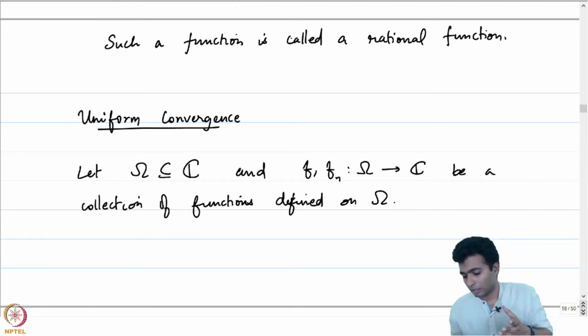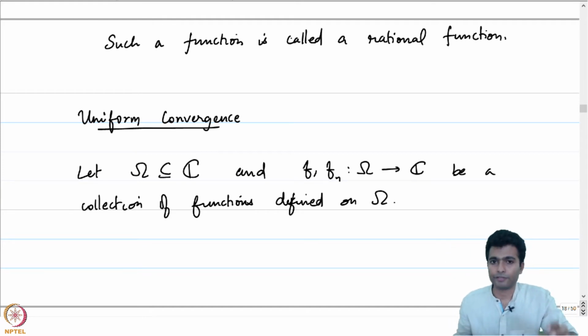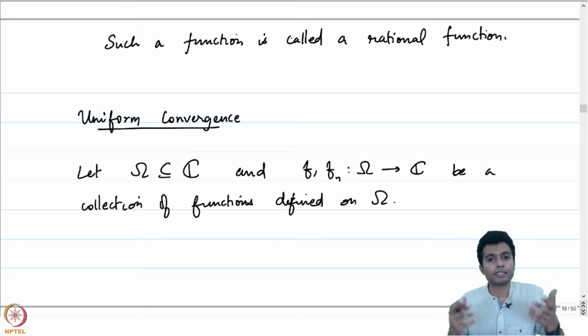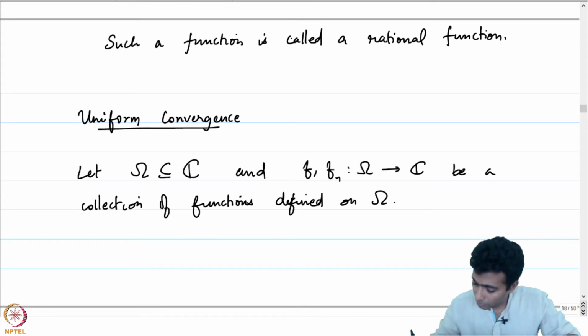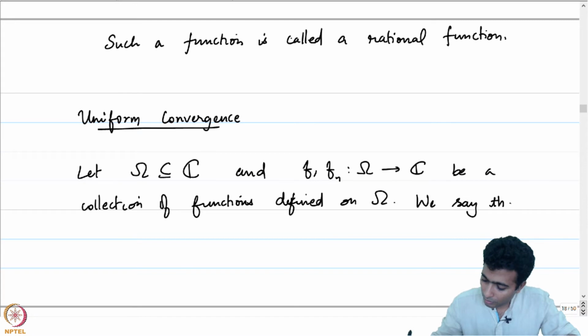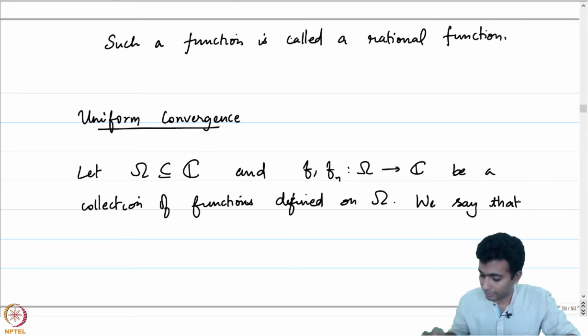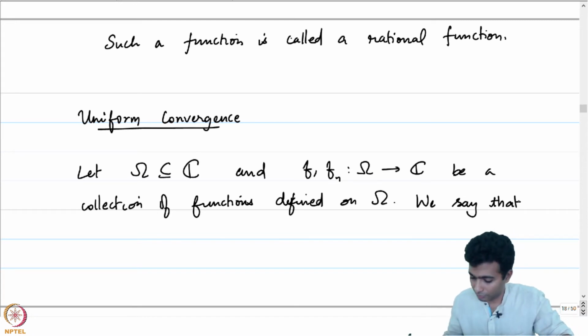We say that the sequence Fn of functions converges uniformly to f if, given an epsilon positive, there exists an n large enough such that Fn of x is epsilon close to f of x, irrespective of the point x. Let me write that down. The n is not dependent on x; that's what I meant when I said irrespective of the point x.